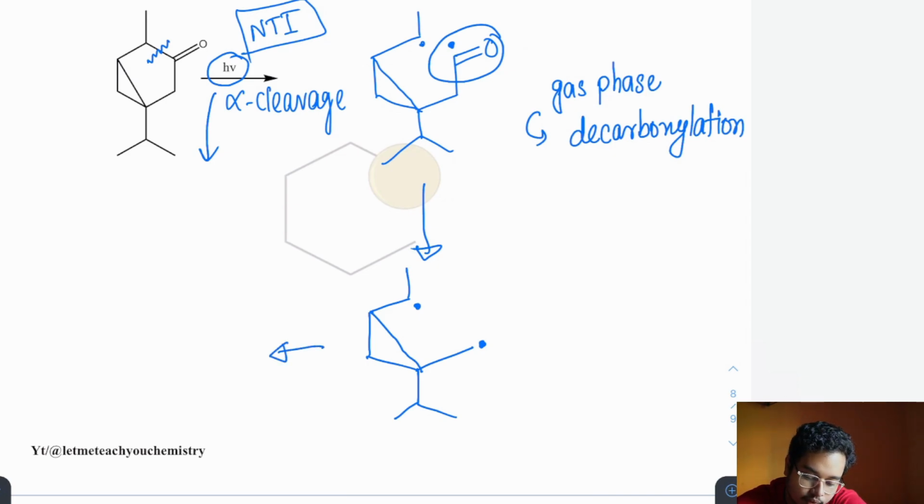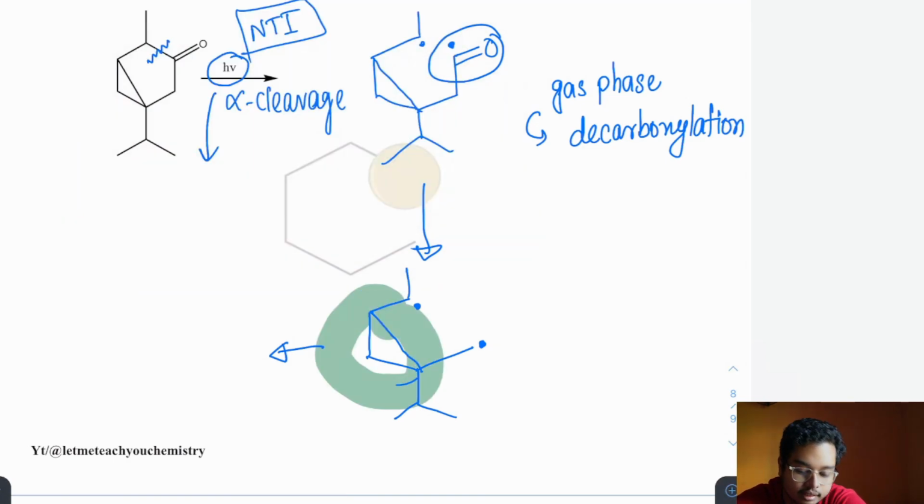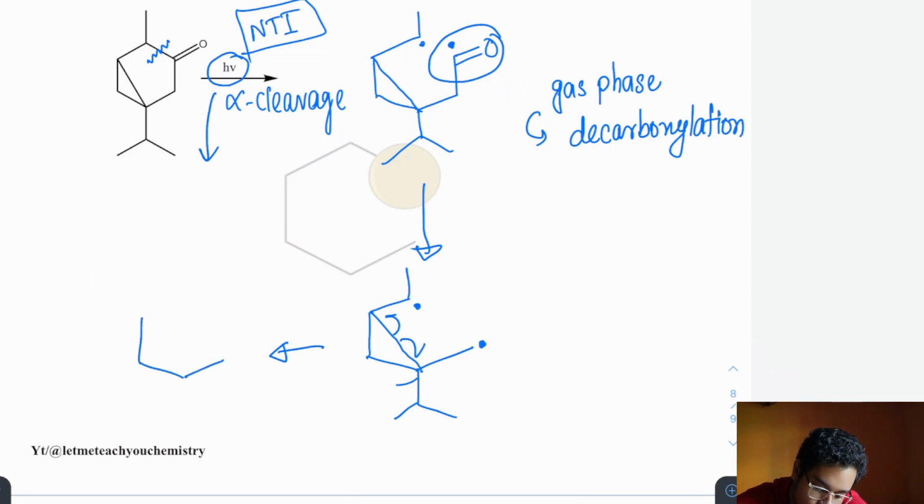Now you see here it is a cyclopropane ring, and we all know that cyclopropane rings are very strained. That's why in photochemical conditions this breaks apart. So finally we get a radical here, here, here, here, and this.